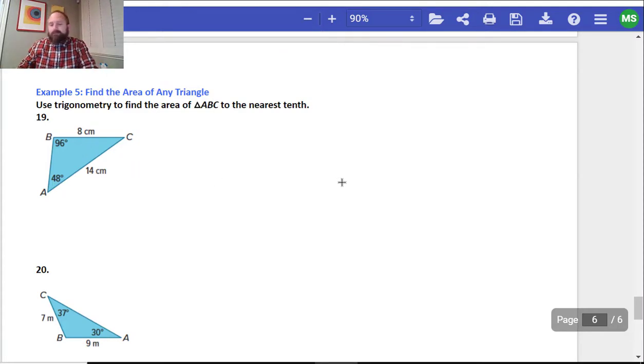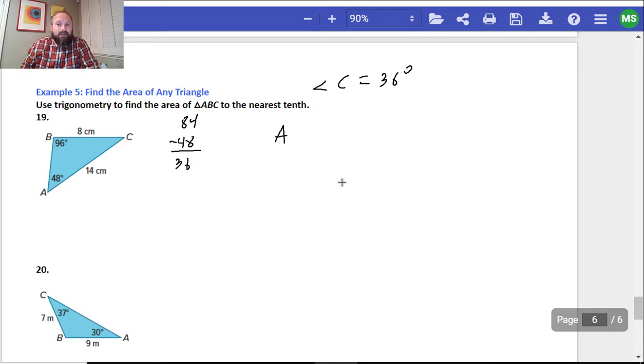All right, well, looking at this, I have 96 and I have 48. So if I do 180 minus 96, that would give me 84. So then if I subtract 48, I'll get 36. So angle C is equal to 36 degrees.